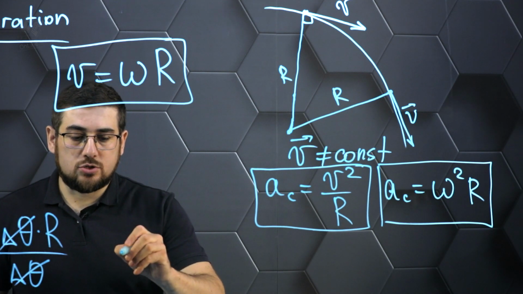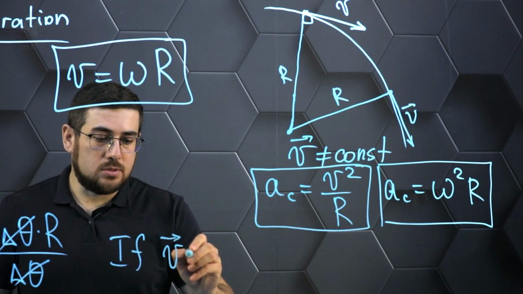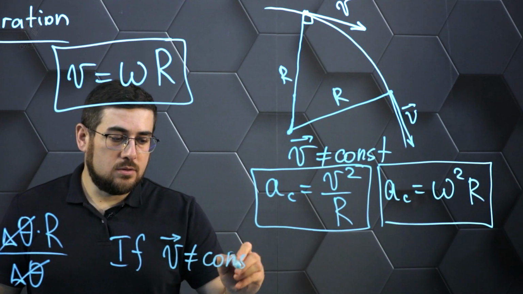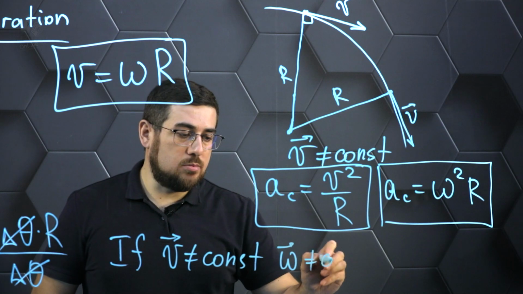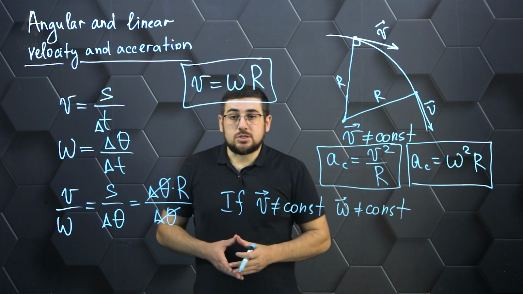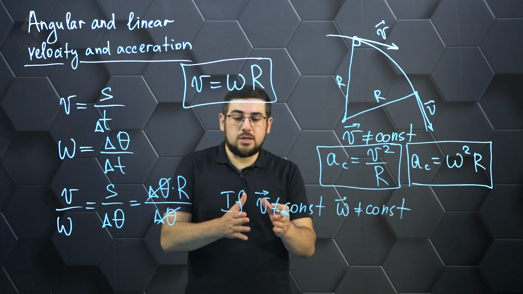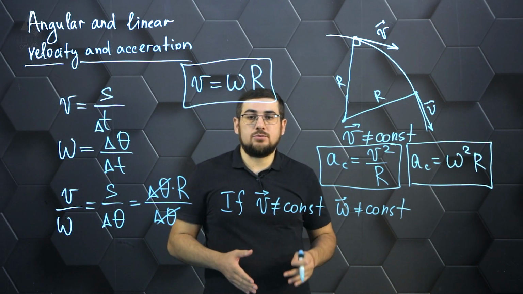If the linear velocity remains constant, then the angular velocity also remains constant. And thus if we have a certain acceleration responsible for the change in linear velocity, then there will be a certain acceleration responsible for the change in angular velocity.